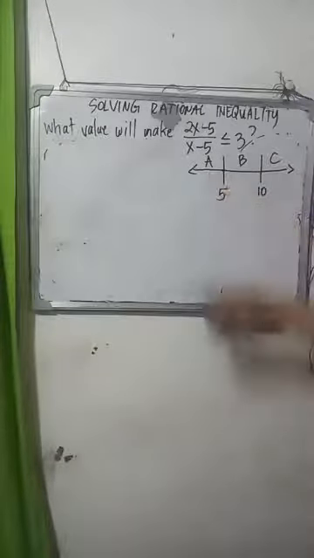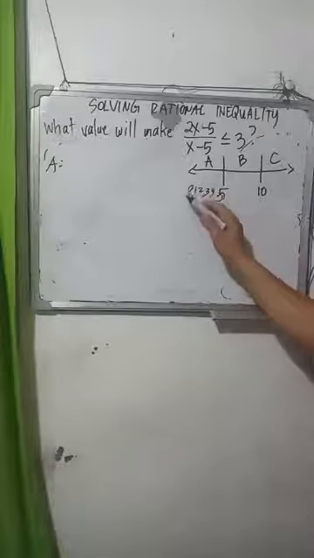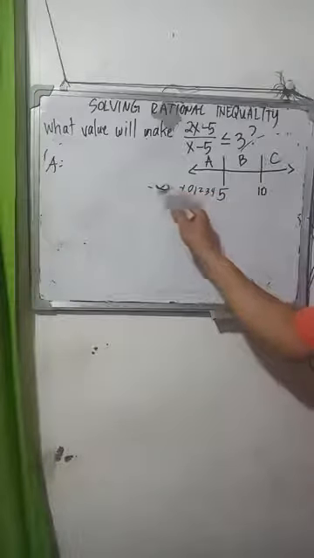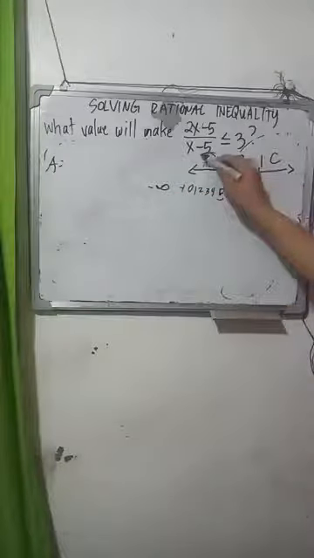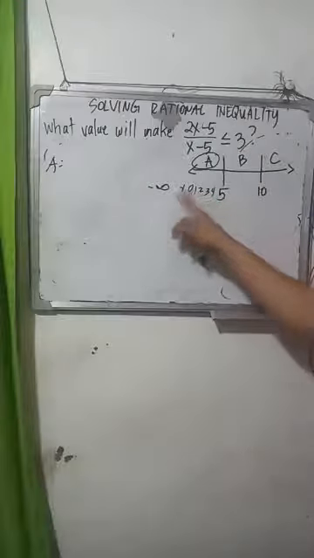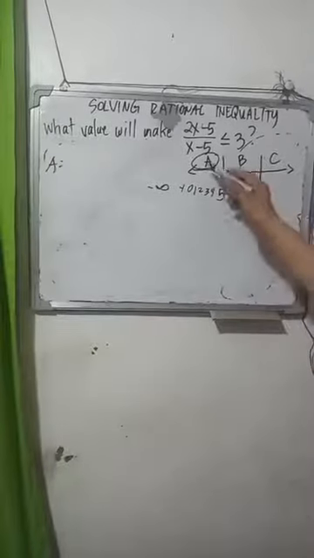That is positive 4, 3, 2, 1, 0, negative 1 until negative infinite numbers. That is belong to interval A.